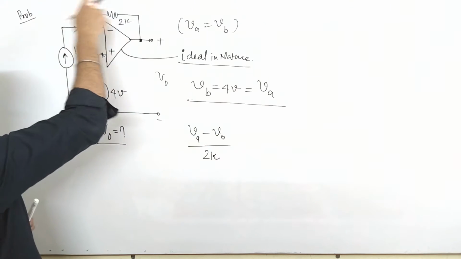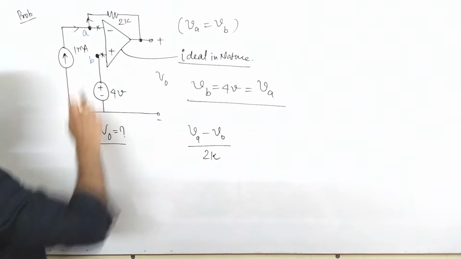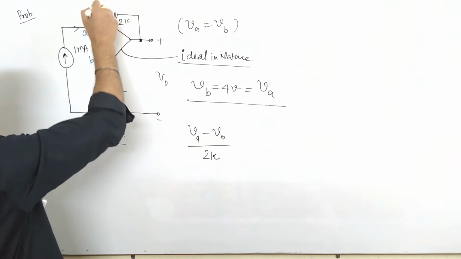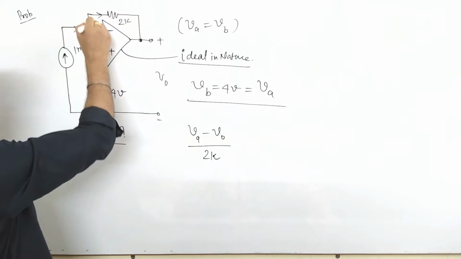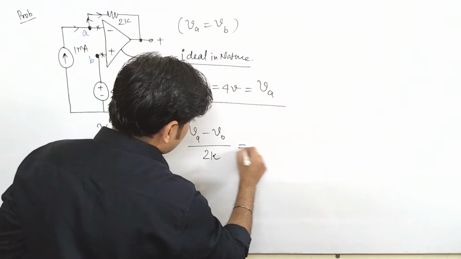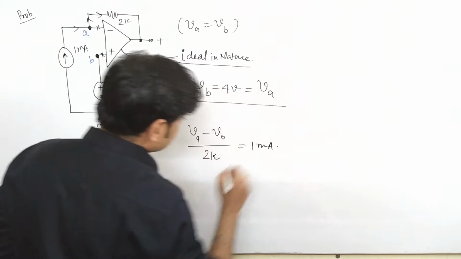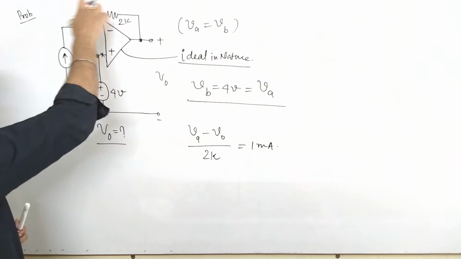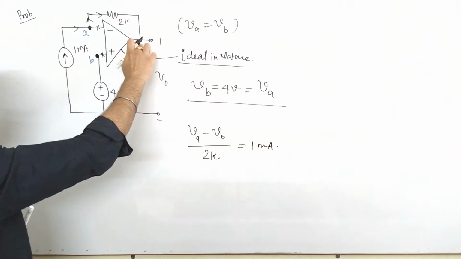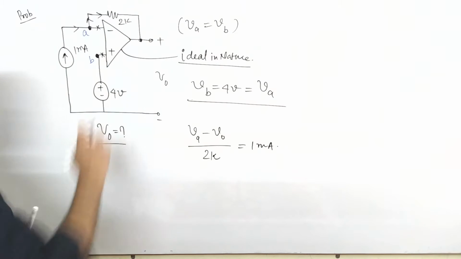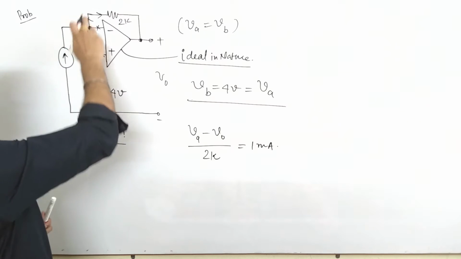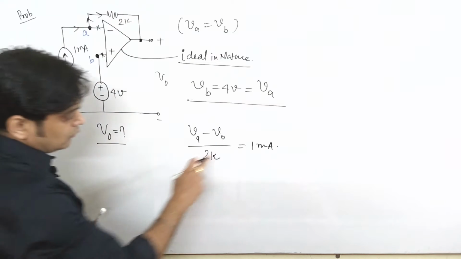And what is the current which is flowing here? This 1 milliampere. Yes, the same current is flowing here, so that is equal to 1 milliampere. The current flowing between these two nodes is 1 milliampere.